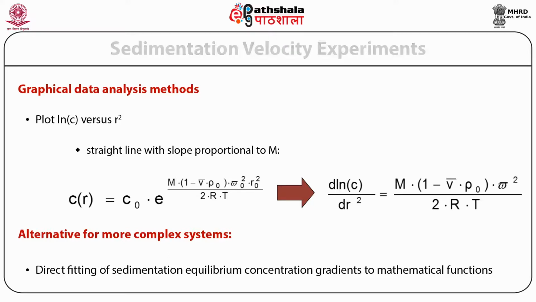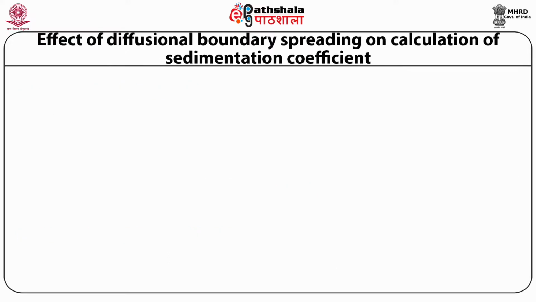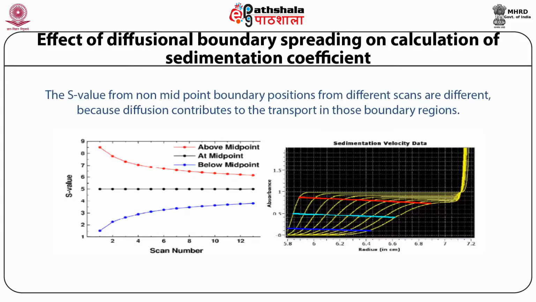Now we can see the effect of diffusional boundary spreading on the calculation of the sedimentation coefficient. The S value of the non-midpoint boundary positions from different scans are different because diffusion contributes to the transport of those boundary regions.